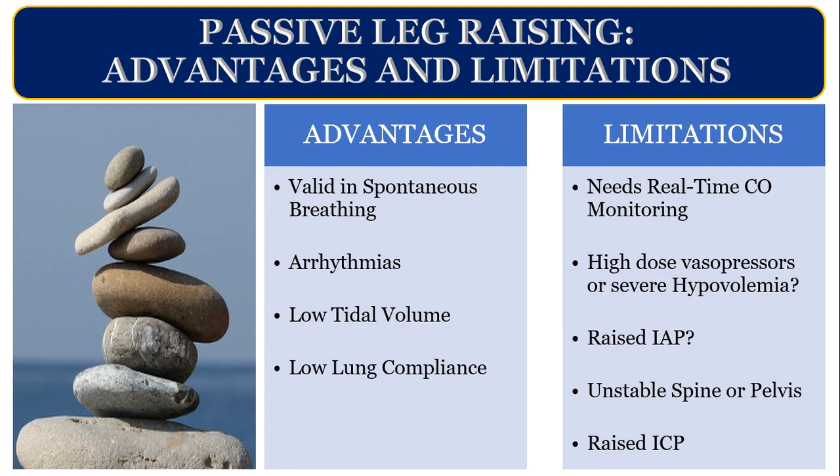So it may not be the appropriate measure. Raised intra-abdominal pressure, it may not be validated. Unstable spine and pelvis, it is contraindicated. In patients with traumatic brain injury and evidence of raised intracranial pressure or raised intraocular pressure, it is contraindicated. Remember these few slides. Okay?